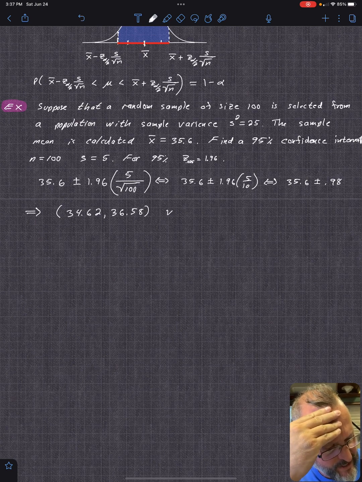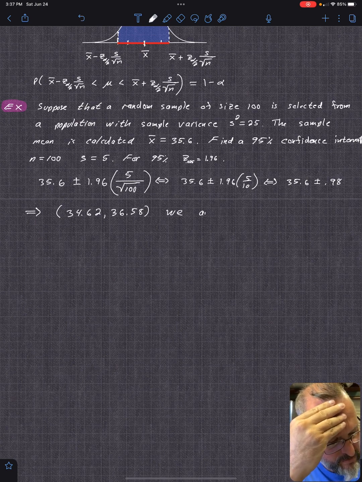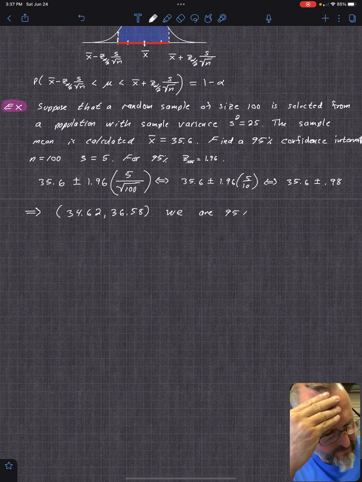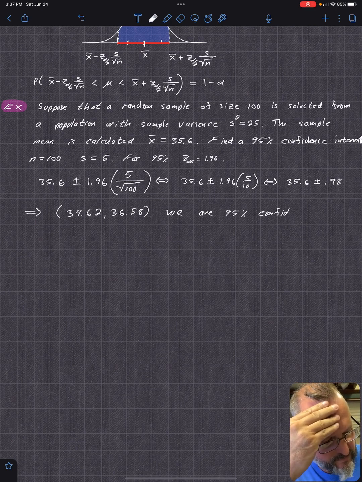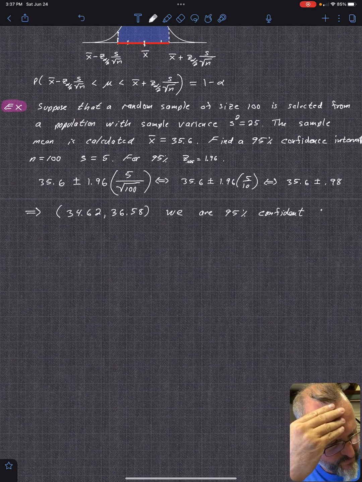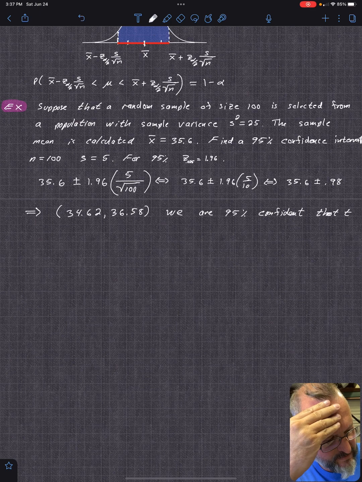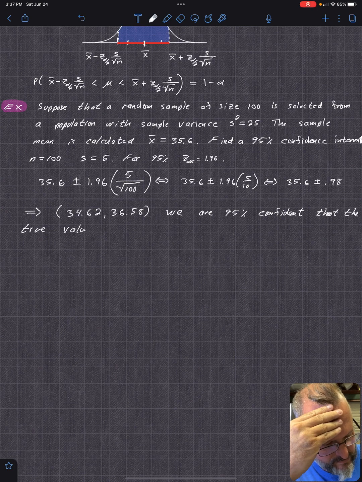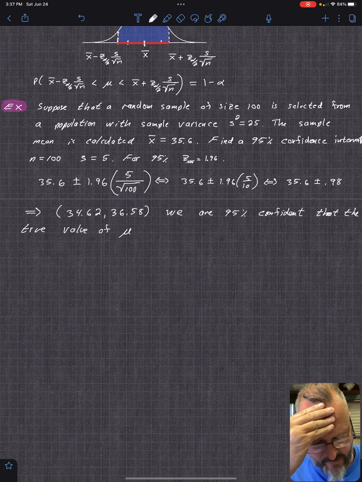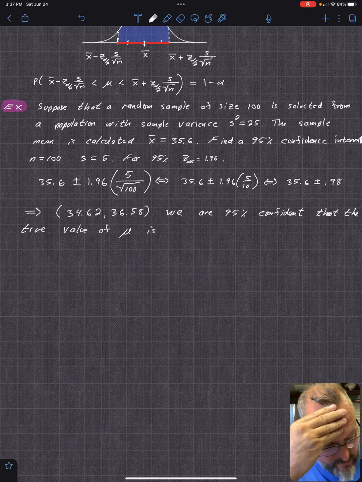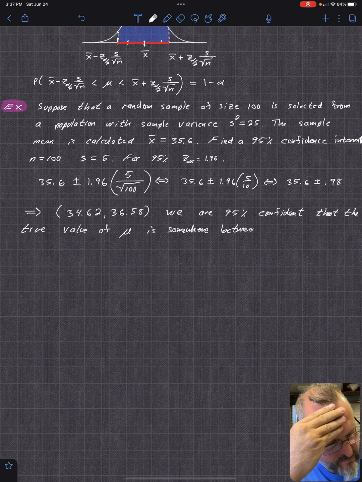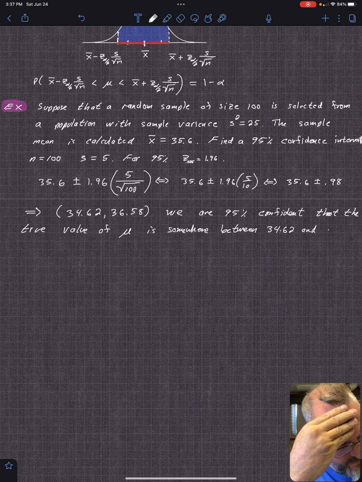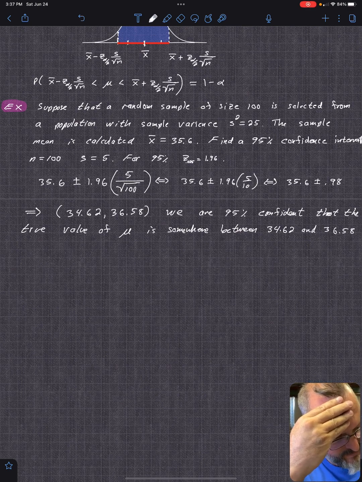And then what you interpret is we are 95% confident that the true value of mu for the population is somewhere between 34.62 and 36.58.